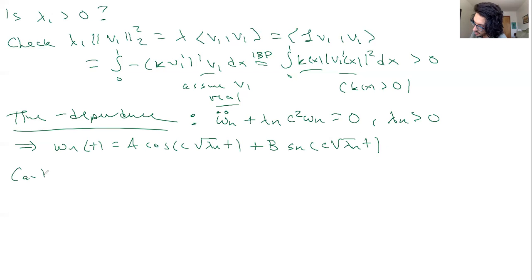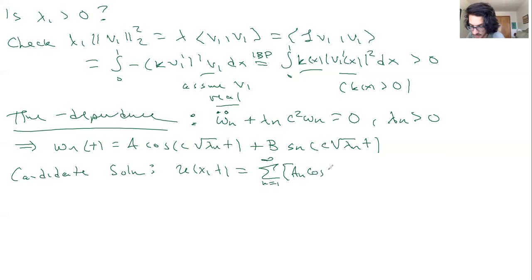So at the end of this, we have a candidate solution, which is u of x,t, the sum from n equals 1 up to infinity of an cosine of c square root of lambda n t, plus bn sine of c square root of lambda n t, times vn of x, right?